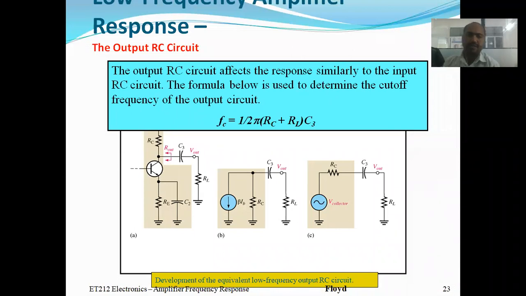This is the diagram of your amplifier. It is the smallest diagram, meaning it does not show the total diagram of your amplifier. It shows only the collector part of this circuit. When we see the output response of the transistor with respect to low frequency, what happens?